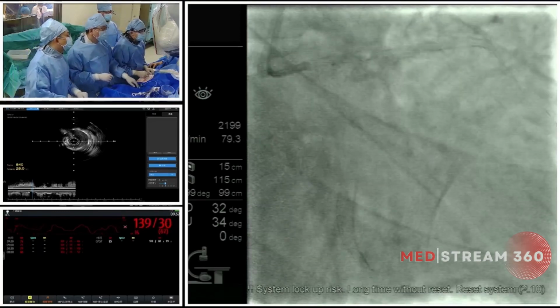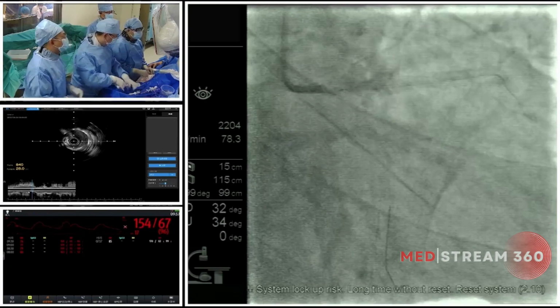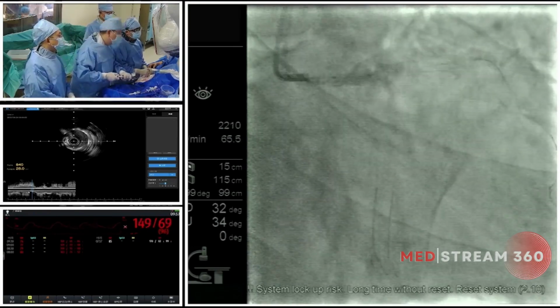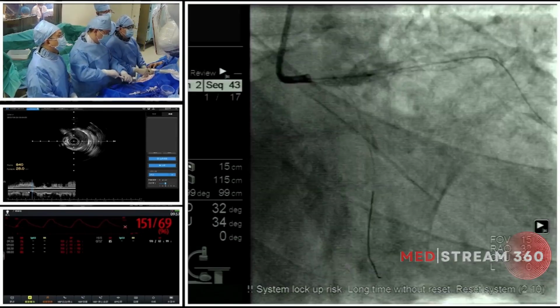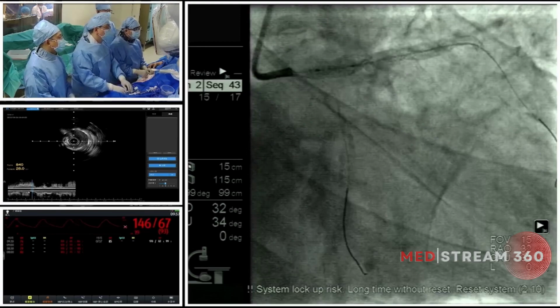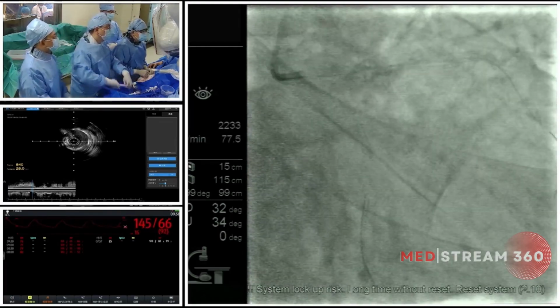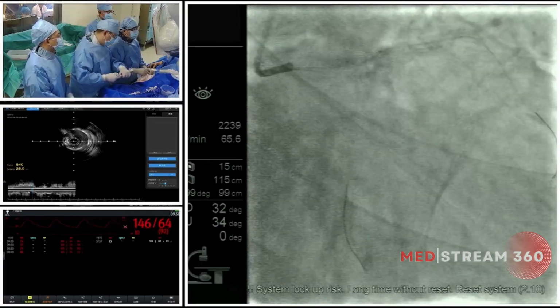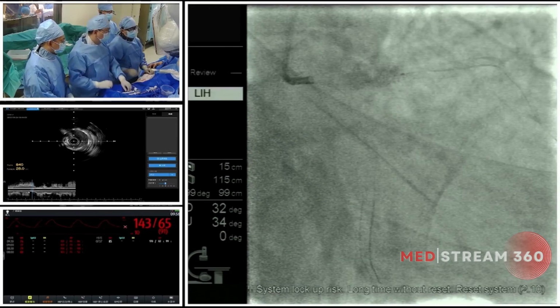Yeah. The post-dilation and the KBI will be performed respectively. So what's the balloon size for the circumflex? For the circumflex, we will choose a 3.0 balloon. So now you're trying to rewire the circumflex from the distal stent strut, right? Yeah.